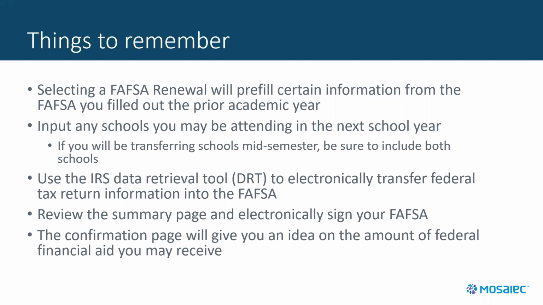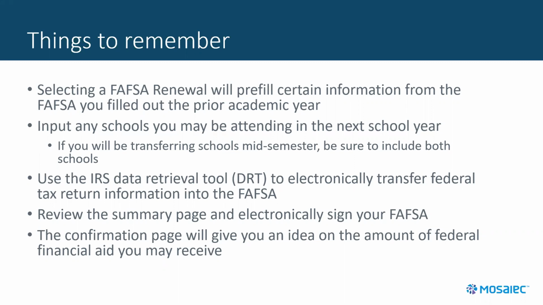Now, once the FAFSA is submitted, you will receive a confirmation page. On the confirmation page, it will show your EFC, which is your expected family contribution, and will also give you an overview of what type of federal financial aid you may receive. But in the end, you want to remember that it's up to the financial aid office to actually award you.